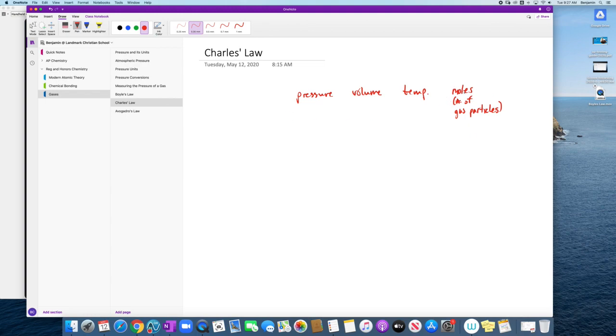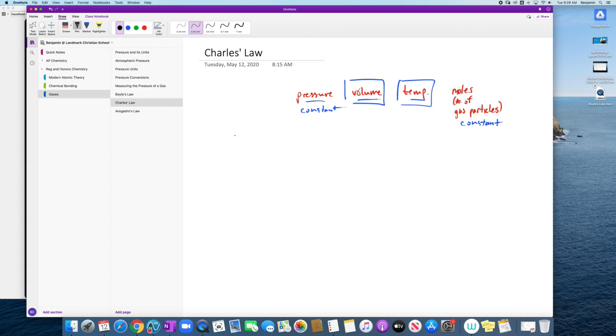Okay, so this is the sample. So in Charles' law, he focuses on the relationship between volume and temperature, and he keeps the pressure constant, and he keeps the number of moles, the sample size, constant. And so it's just these two variables, volume and temperature, in the context of this gas law.